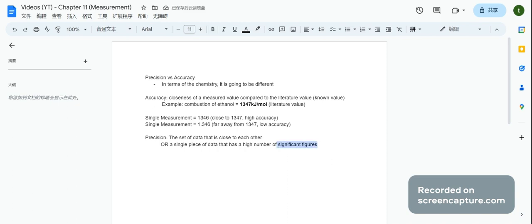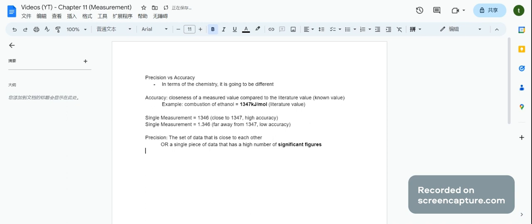A disclaimer here that the significant figure is going to be different from figure. The significant figure refers to digits in a measured value that carry meaning. But the definition of the significant figure, we don't need to know at this point. You will definitely know it very soon, but not now. So now you can just think of it as figures.